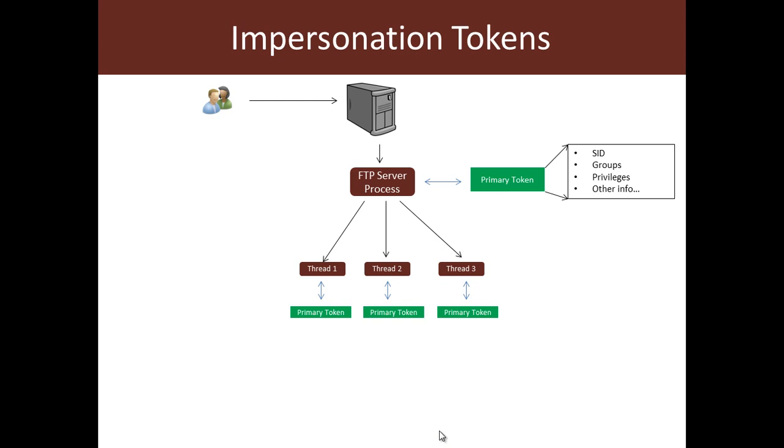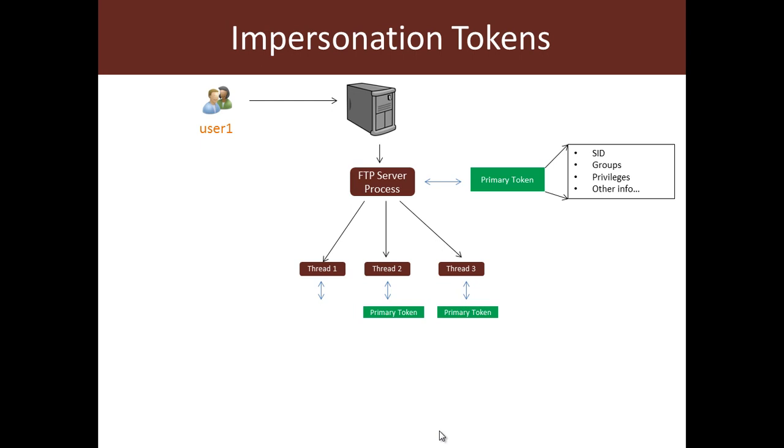Now let's say when the first user logs in, the FTP server needs to access various resources and file systems which user 1 has authorization to access. It cannot do that using its own primary token simply because its token might not have all those access privileges. Hence, it needs to somehow assume the identity of user 1.